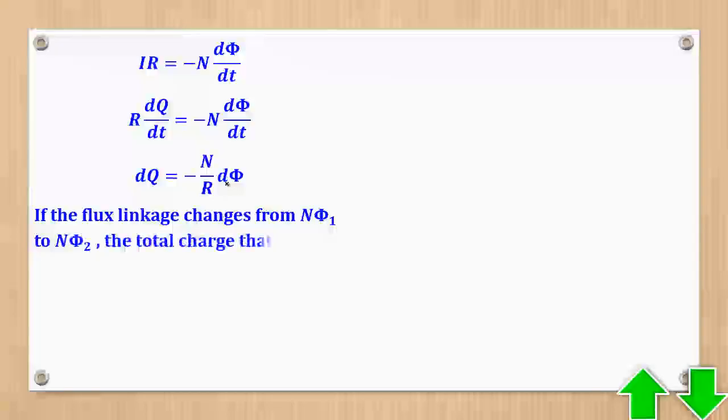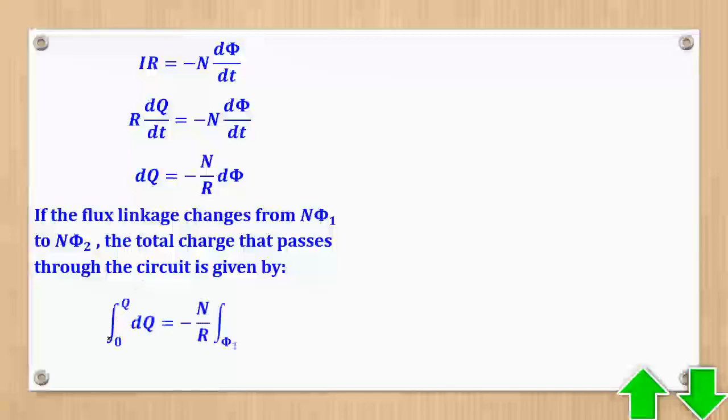So if the flux linkage changes from this to this, the total charge that passes through the circuit will be given by the integral from 0 to Q, and here the integral from phi 1 to phi 2. The N is already here, so you don't need to put it here.